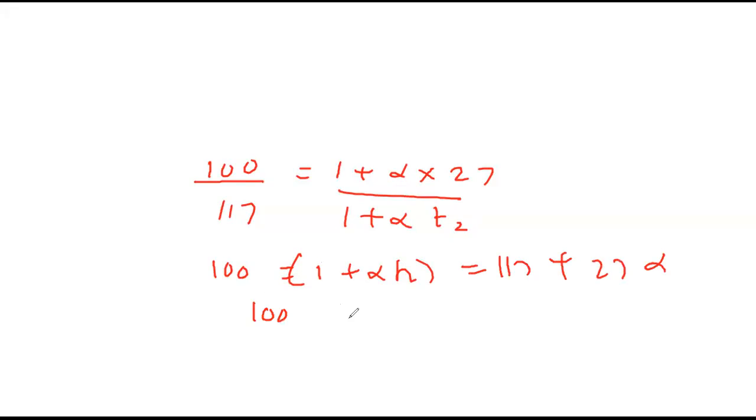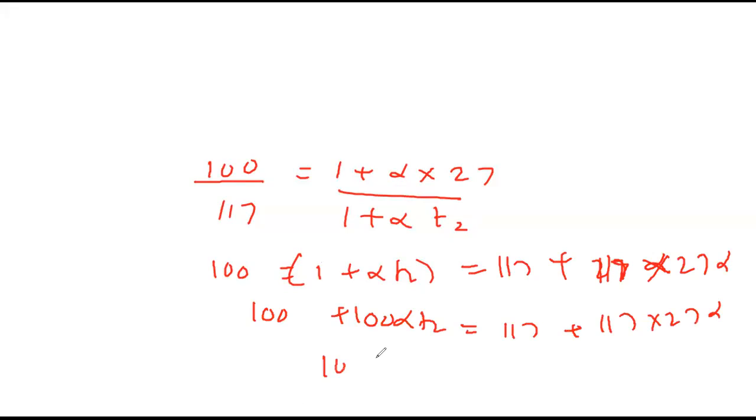So 100 plus 100 alpha T2 equals 117 plus 117 alpha into 27.